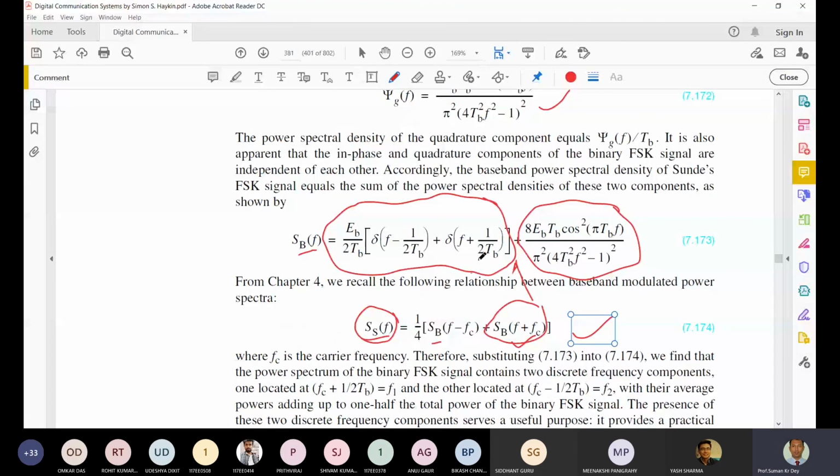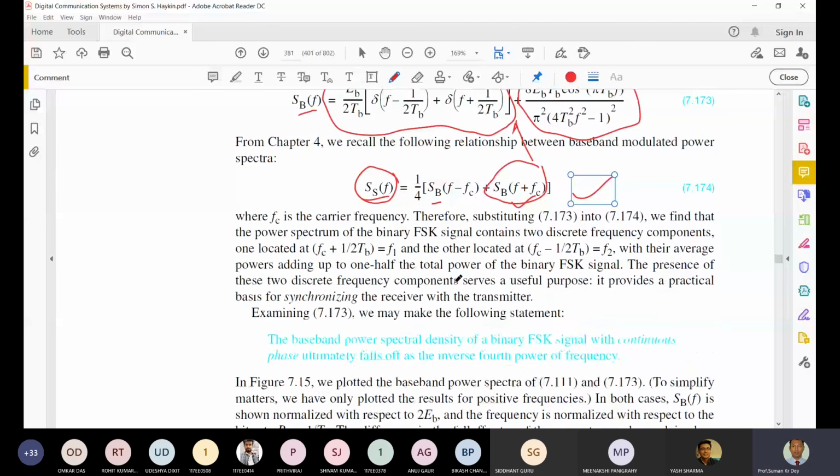So we get that value, and from there we can conclude that the binary FSK signal consists of two discrete frequency components. One is located at fc plus 1 by Tb, which is equal to f1. The other is located at fc minus 1 by Tb, that is f2.